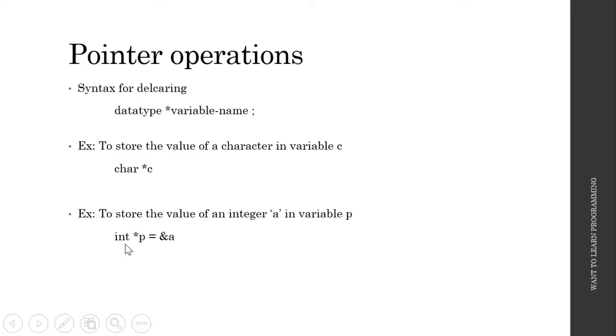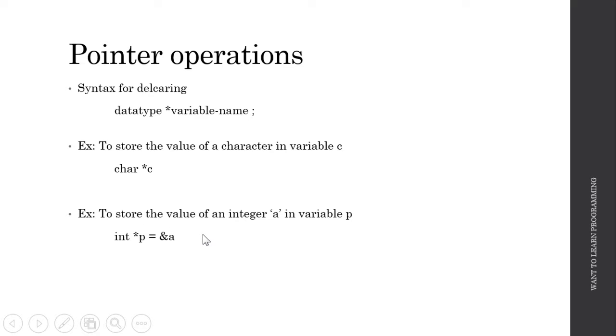Here, int specifies that the pointer p will be pointing to an integer variable. The integer variable is a, and to access the memory location of a we use ampersand a. This is the way of initializing a pointer.